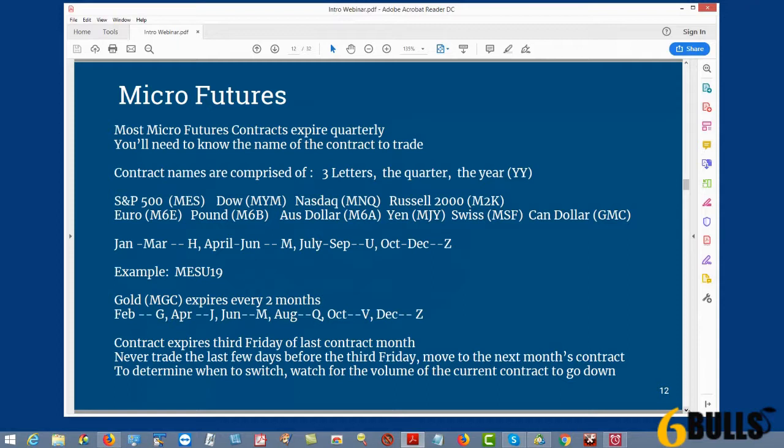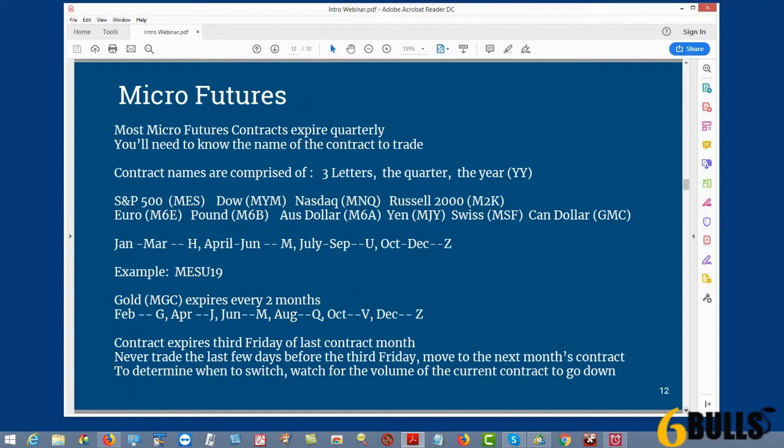And it doesn't matter if it's micro futures or mini futures or the standard contract, they do expire. Most of the financial futures expire quarterly. And when they expire, their name changes. So you have to be careful with this because when the name changes, you don't want to be trading the old contract, you want to be trading the new one.